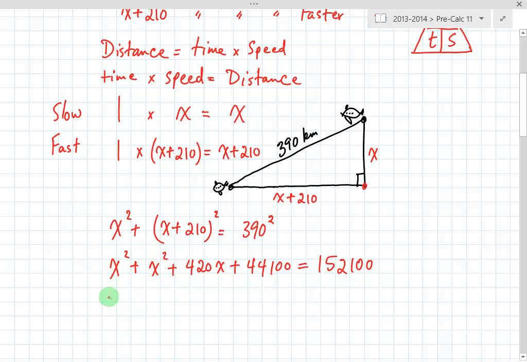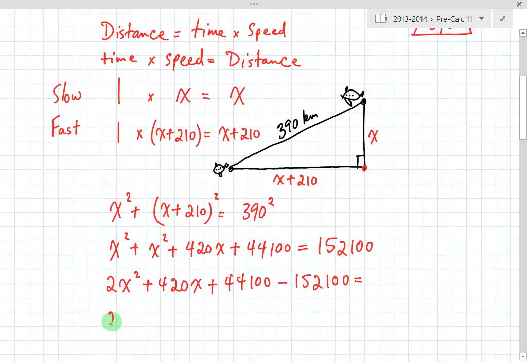So simplify everything. I have 2x squared plus 420x plus 44,100 minus 152,100. I put this quantity on the left side and it becomes negative.